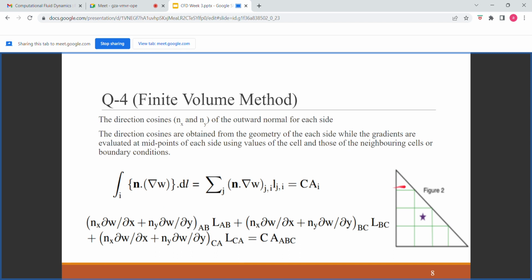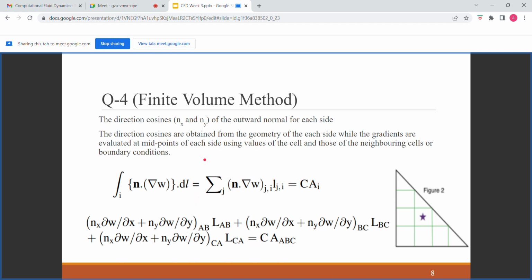If it is a triangle, we consider 3 different sides, and the summation over all the sides of that particular cell will give us C times the area of that particular cell. This is for the triangular grid. So it would be summing up all these terms and would be equal to the area times some specific constant C. That is how we proceed with the finite volume method.